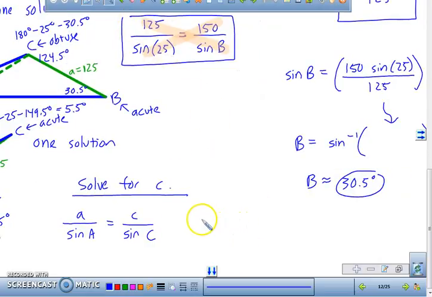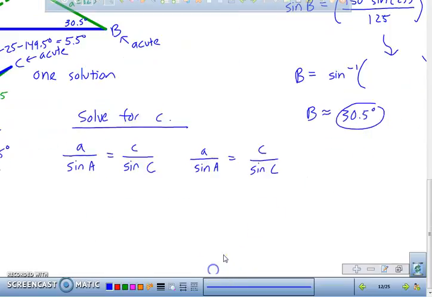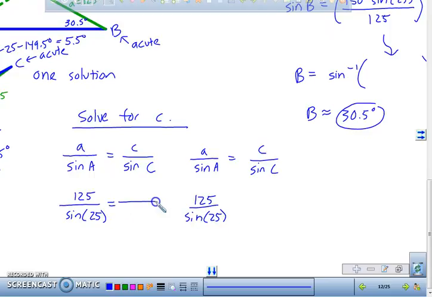The other one is going to be this. A over the sine of A equals C over the sine of C. It's a little redundant. What was our side A equal to? 125, right? Start out the exact same way. What's our angle that we're dealing with? 25, right? What's the only difference right now?